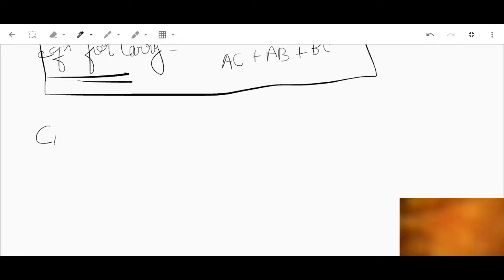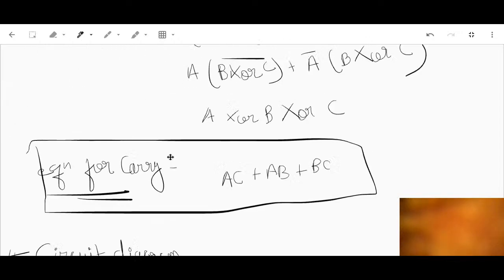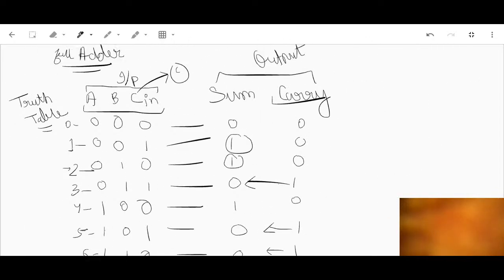So I'll make it. We have to take three inputs as we see in the inputs.